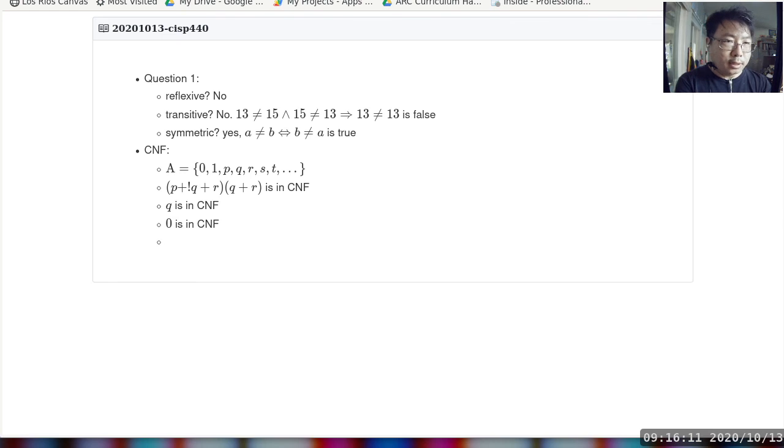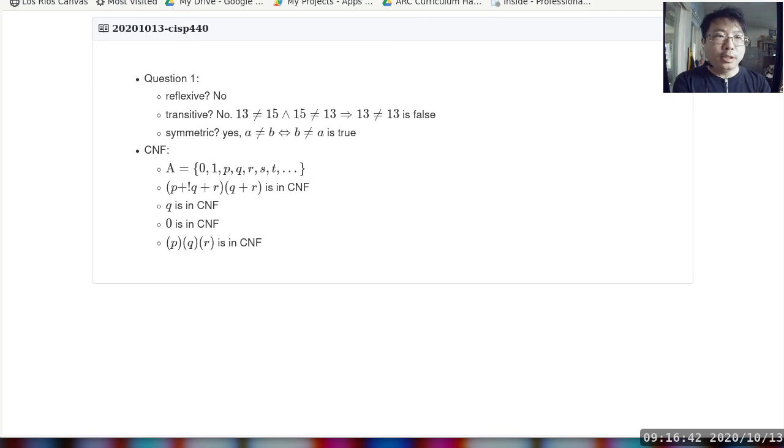And here's another one, just to make sure it is clear. If I have a simple disjunctive element of P, another one as Q, and another one as R, this is in conjunctive normal form because P is a disjunctive term, Q is a disjunctive term, R is a disjunctive term.